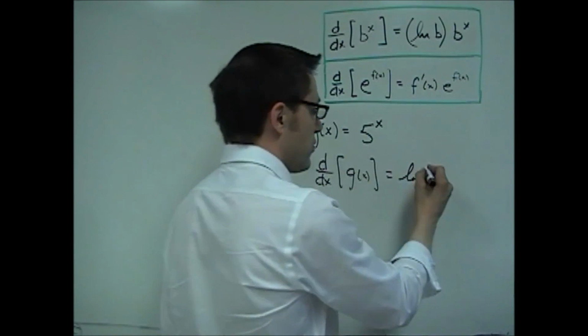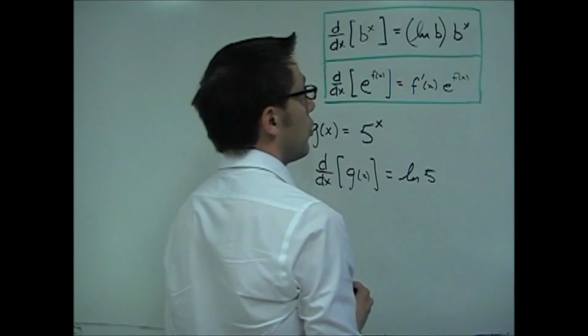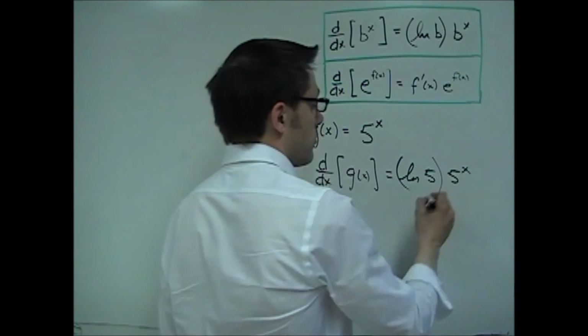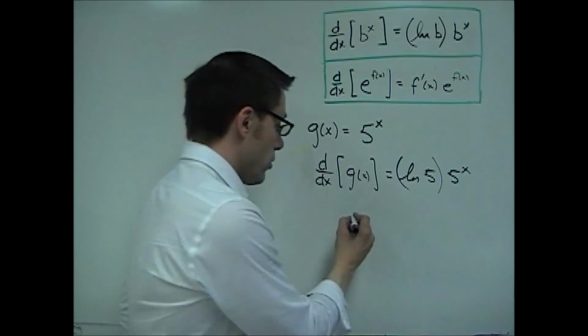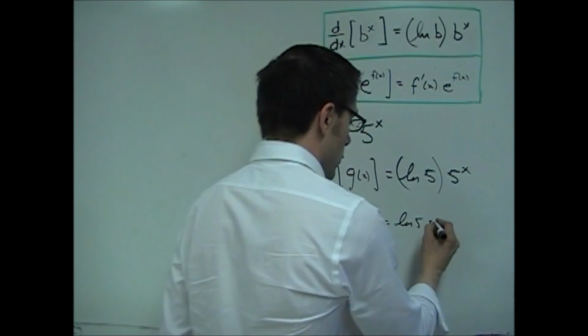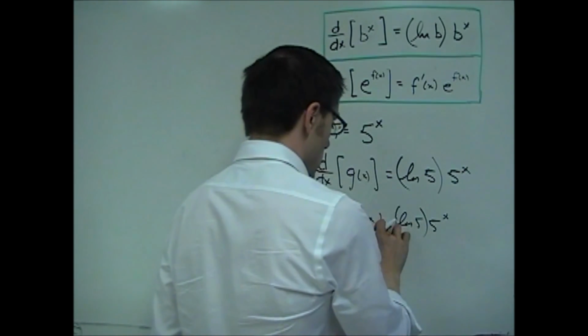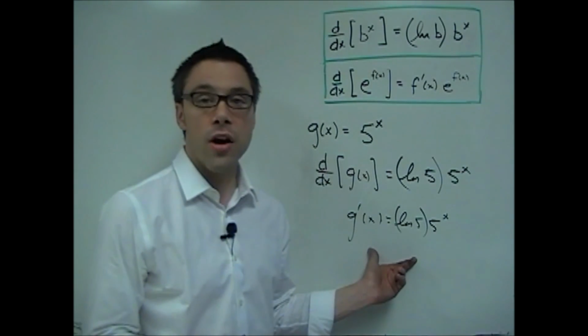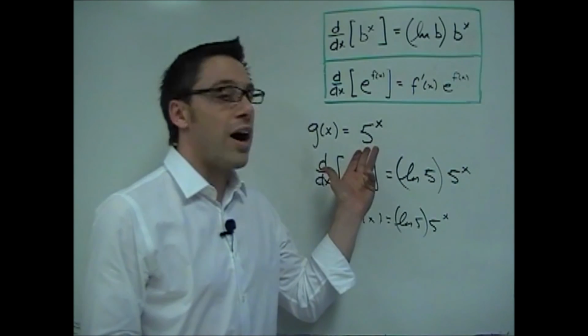My base is 5, so it's natural log 5, multiplied by 5 to the x back over again. So there's your derivative: g prime of x is log 5 times 5 to the x. Log 5 is, of course, some number that we can compute. But there is the derivative of 5 to the x.